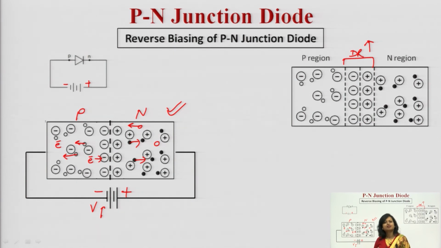But since the minority charge carrier concentration is very less, the amount of current flowing in this case is very less, and the current which flows because of the minority charge carriers is known as leakage current or saturation current. So, these terms you must remember as well, right.